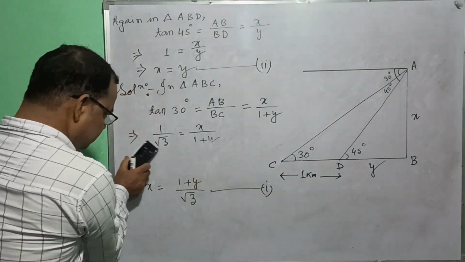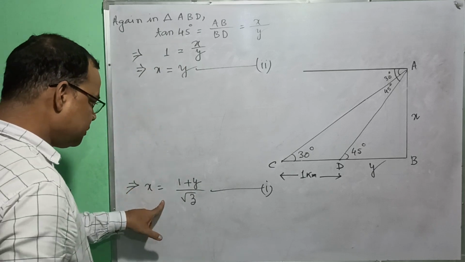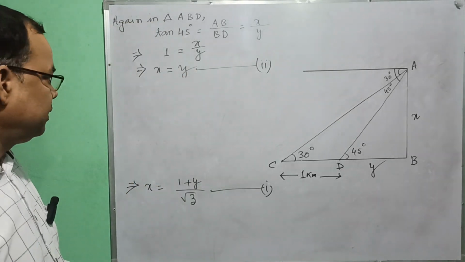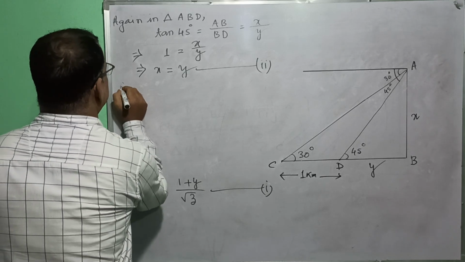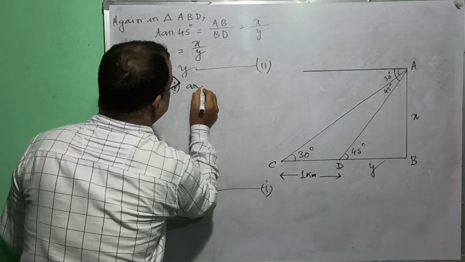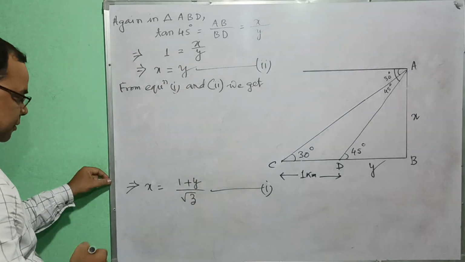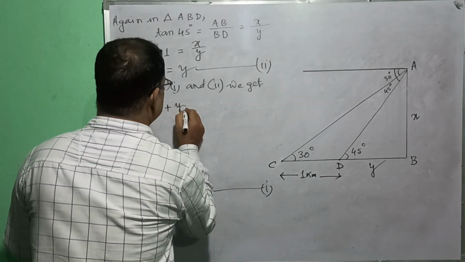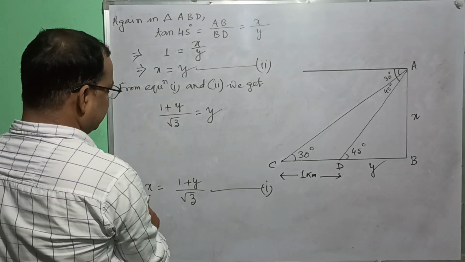Now here is our equation number 1, X equal to 1 plus Y by root 3, and equation number 2, X equal to Y. From these two equations we get 1 plus Y by root 3 equal to Y, since the left hand side is X, so the right hand side must be equal.